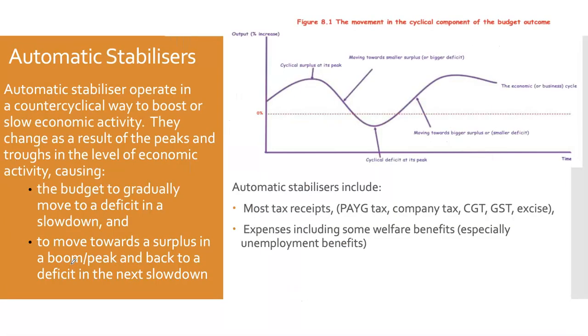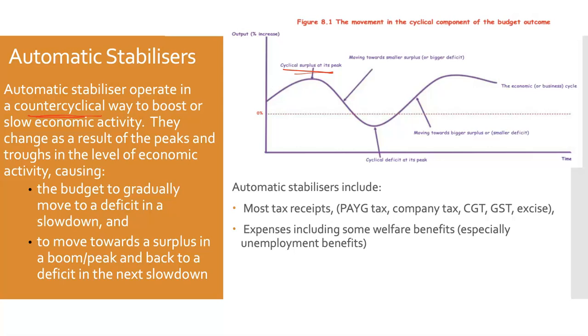So when we talk about automatic stabilizers, the thing to understand is that they operate in a counter-cyclical way to boost or slow economic activity. So for example, at a peak, these will start to influence a cyclical surplus, and they change as a result of the peaks and troughs of the economic activity.